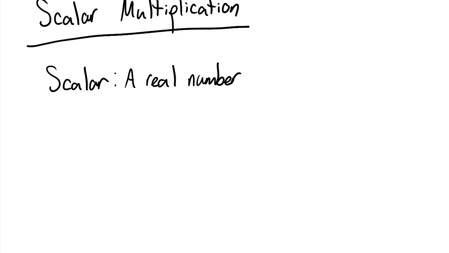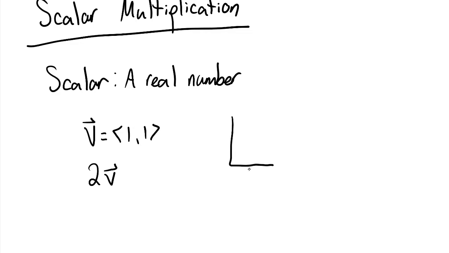So for example, say we have the vector v equal to 1, 1. What do we expect 2v to look like? Just from what we know about multiplication and vectors, this is a vector with a certain magnitude. It goes out to 1, 1 and has this length here. So we would expect 2 times this to have twice the magnitude.